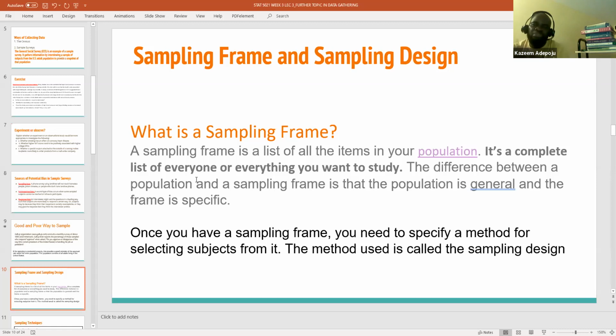The sampling frame is just the list of all items in the target population. You are referring to the complete list of everyone or everything you actually want to study. When I talk about population, population means the totality of items, just like the number of items, the population size. But if I talk about the sampling frame, I'm talking about the listing of all these items.